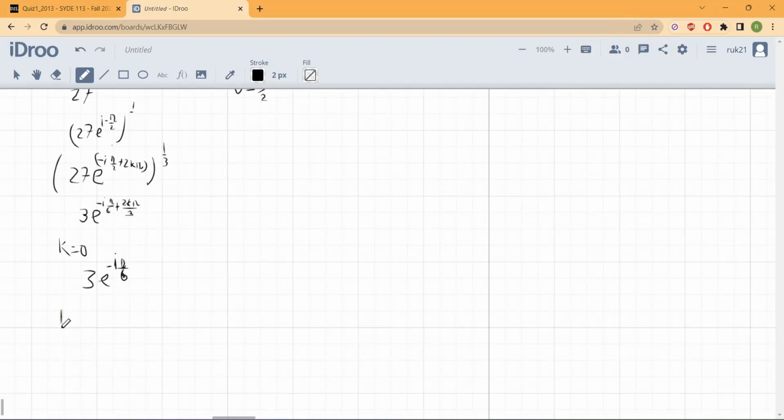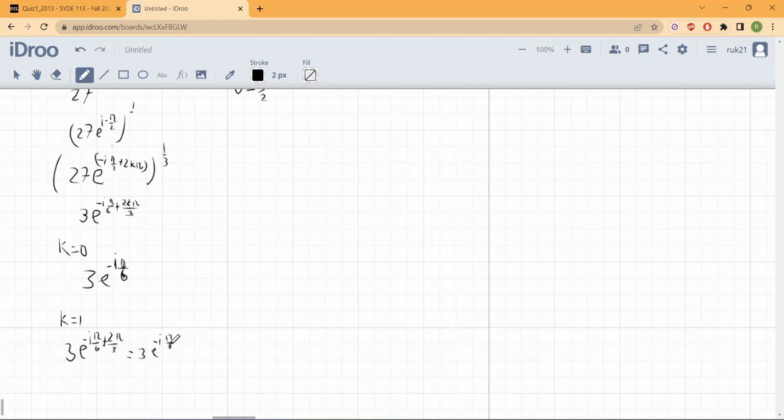So let's go k equals 1. Now if k equals 1, we're going to get 3e to the negative i pi over 6 plus 2 pi over 3. That is equal to 3 times e to the negative i pi over 6.